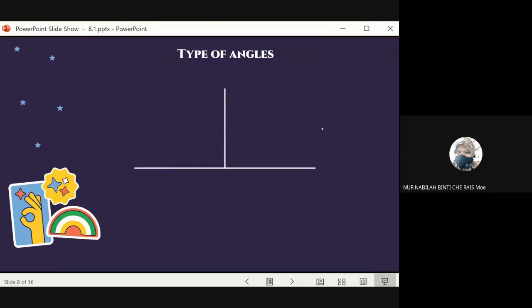Let's say this is your protractor just now. So you have 0 here, 0 here, and then if you move your line from 0 to 90, I think I should show you the entire screen now. Sorry, because you cannot see the protractor.